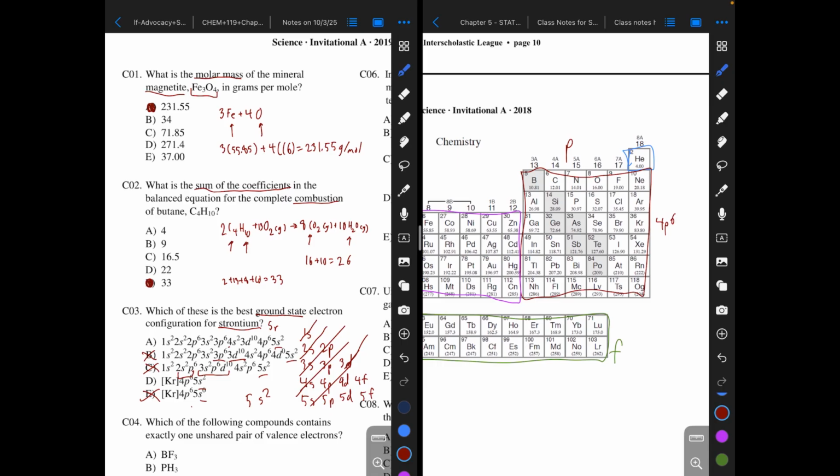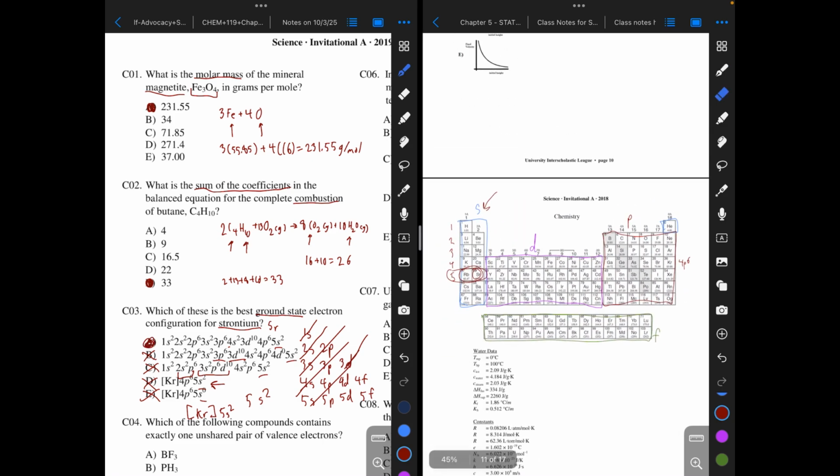The actual noble gas configuration would be krypton with 5s2. But D is talking about 4p6, 5s2, so D would be incorrect. The only option would be A.